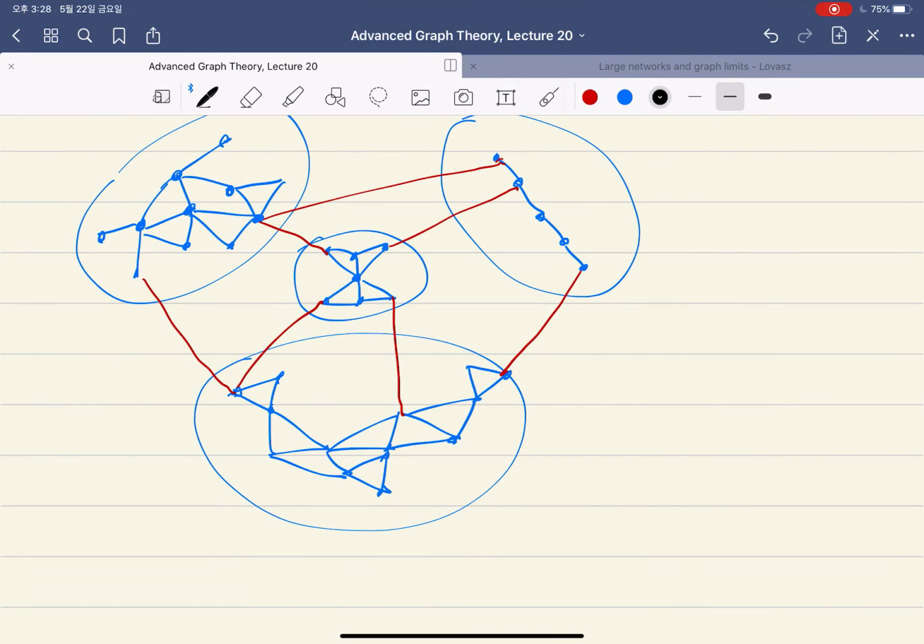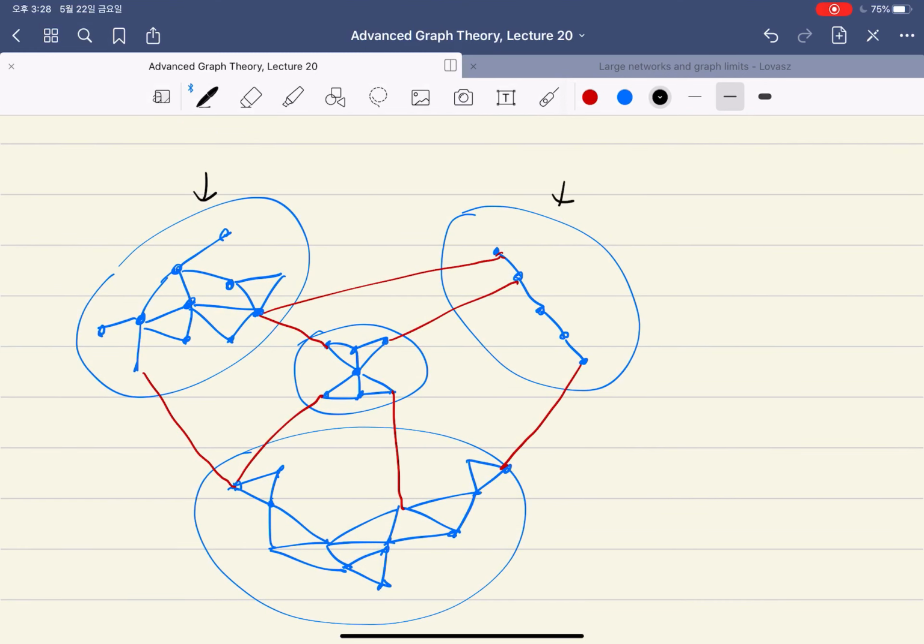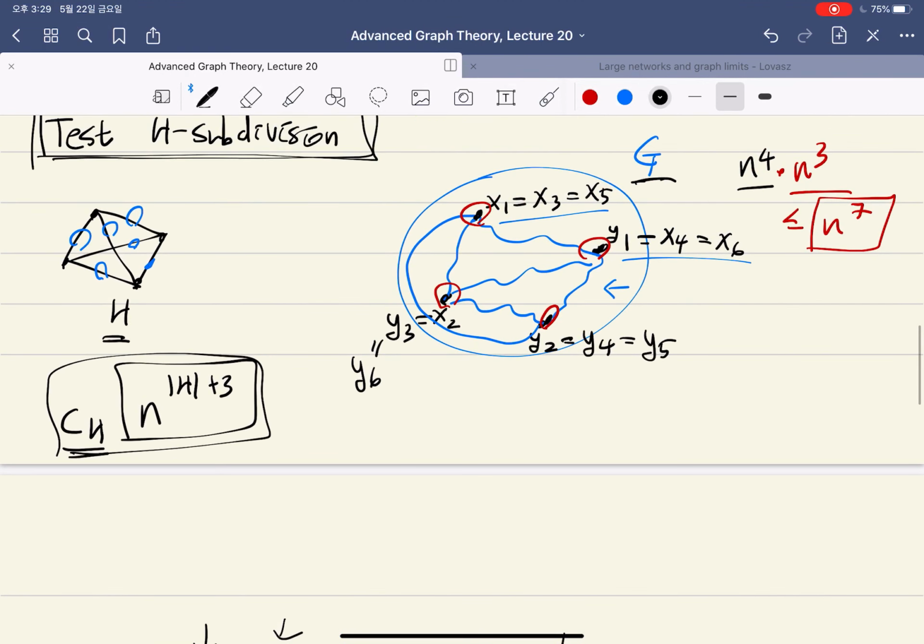But for a minor, instead of one branch vertex for each part as in the subdivision, what you do is you contract this blue part, and each blue part becomes 1 vertex, and you get, say, here a K4 minor. So before, we had to just choose 4 branch vertices, so there are n to the 4 ways of doing that.